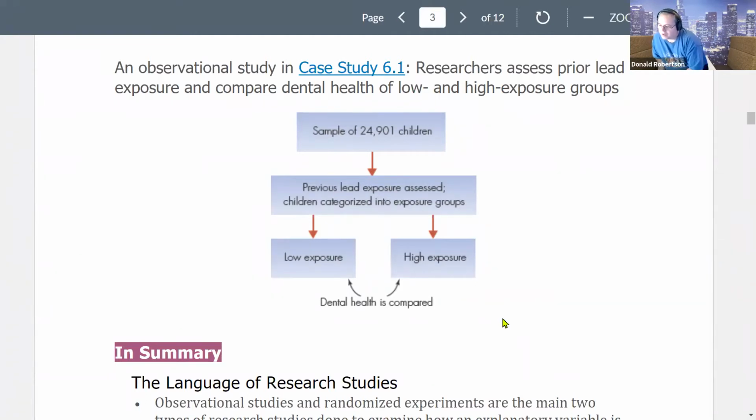Now, you might say, well, why didn't they do that as an experiment? This is why. If I wanted to collect that same information, I'd have to get 1,000 kids, randomly split them into two groups, and in the first group, deliberately feed them lead water and lead tablets and tell them to chew on lead toys and anything else I can think of that's got lead on it. And the second group wouldn't be allowed anything to do with lead.